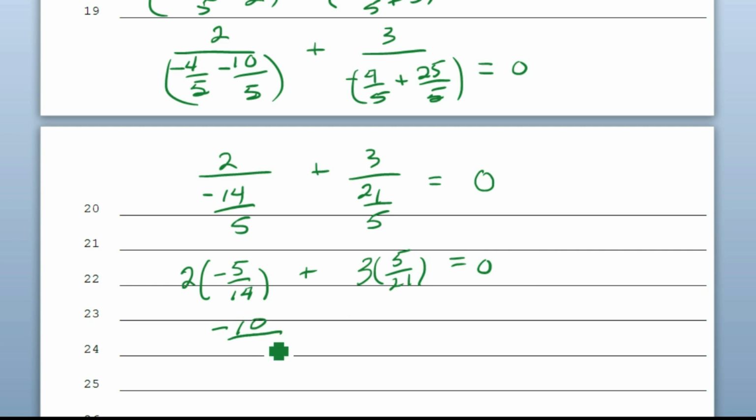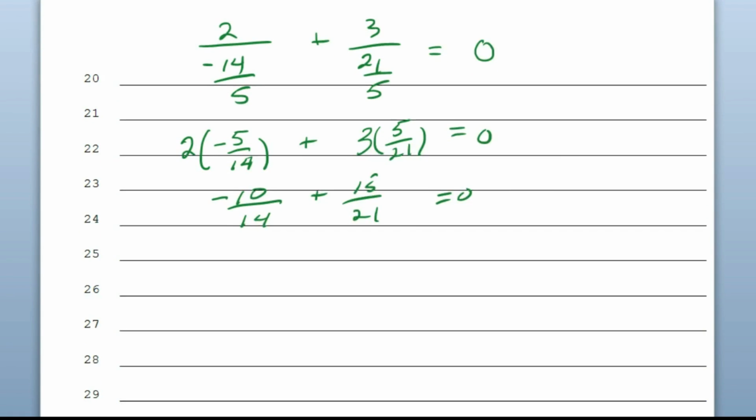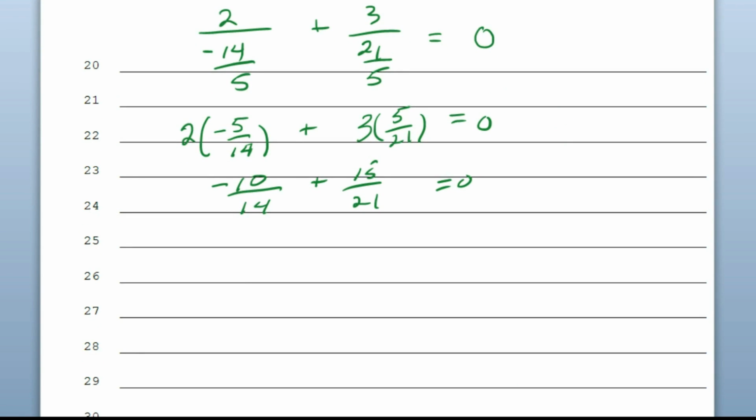Simplify a little more, get minus 10 over 14 plus 15 over 21 equals 0. And multiply, get rid of the denominators altogether. Multiply by 14 times 21.